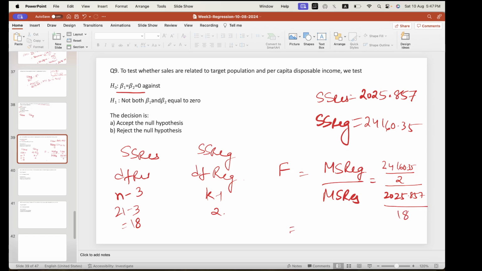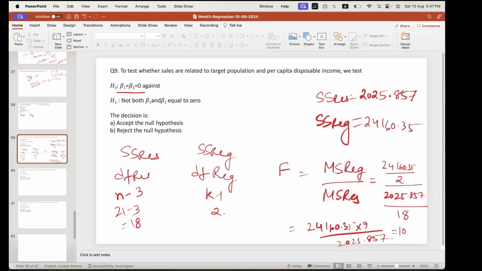Alright, so how much does this come to? This would be 24160.35 into 9 divided by 2025.857.